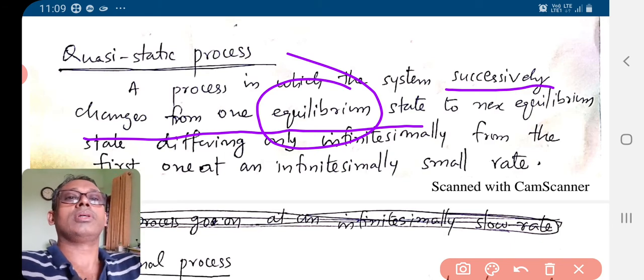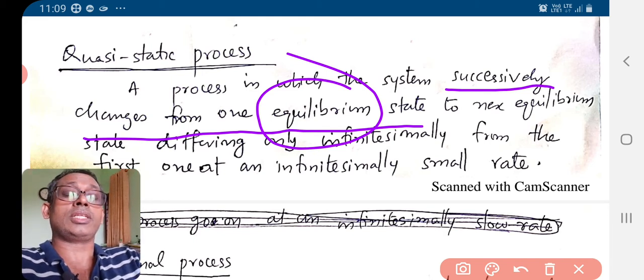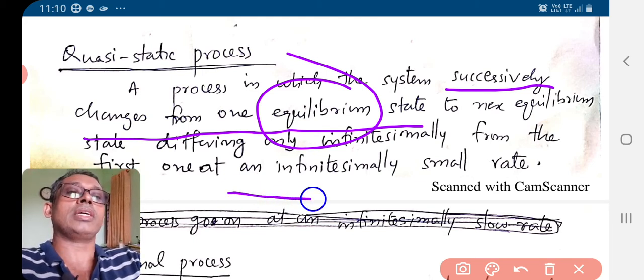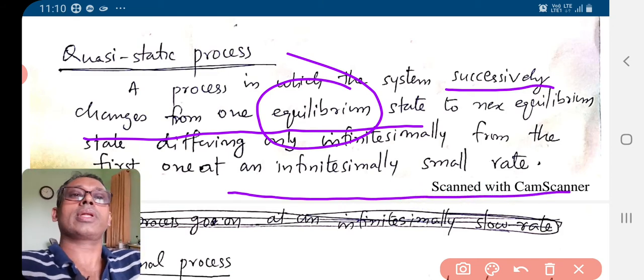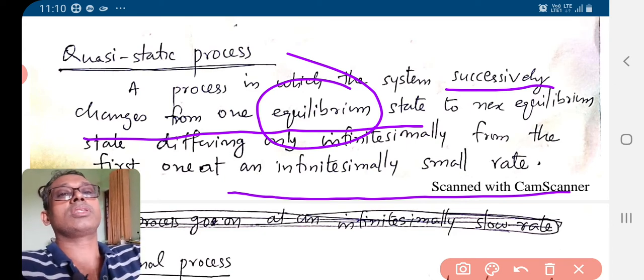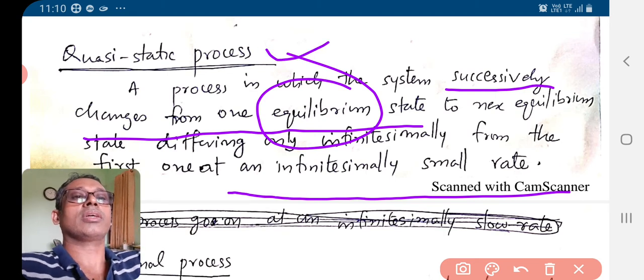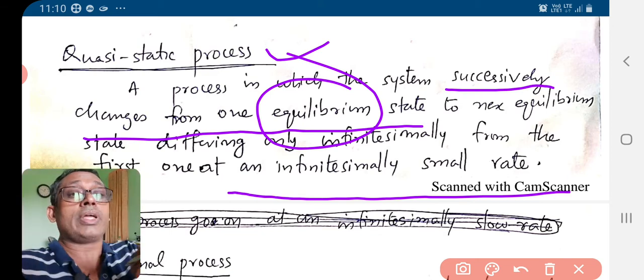And if that change takes place at an infinitesimally small rate, that means it takes a long time for a very small change in the thermodynamic variable, then we say the process is a quasi-static process. So the system successively changes from one equilibrium state to the next, differing infinitesimally.